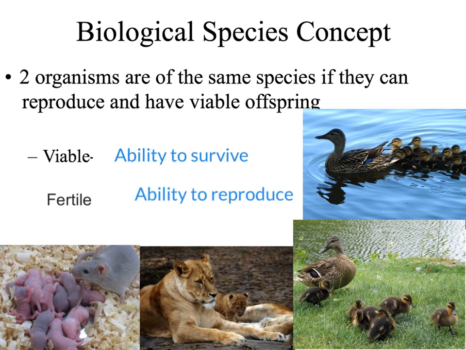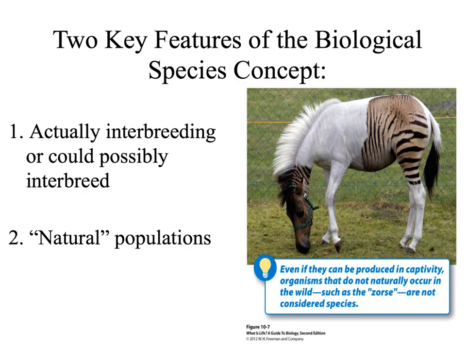Fertility has to do with the offspring's ability to reproduce when it reaches sexual maturity. There are 2 key features of the biological species concept. The first one is these populations have to be able to actually interbreed or possibly interbreed. And the second idea is that we're looking at natural populations, ones found out in nature on their own, not in places like zoos or laboratories.